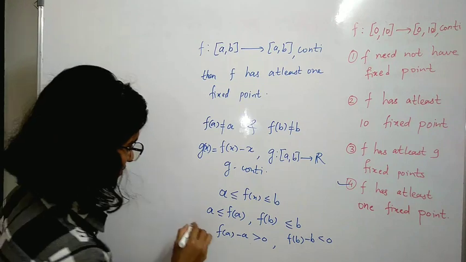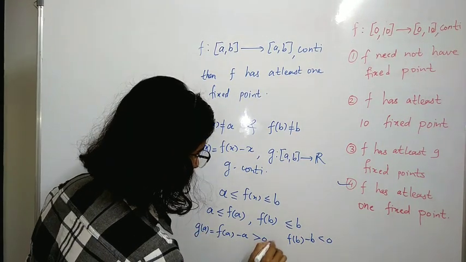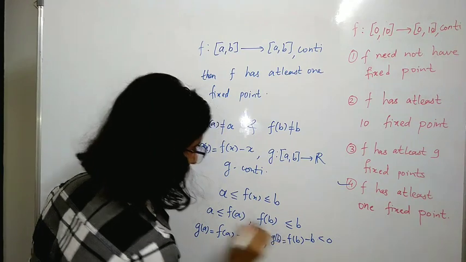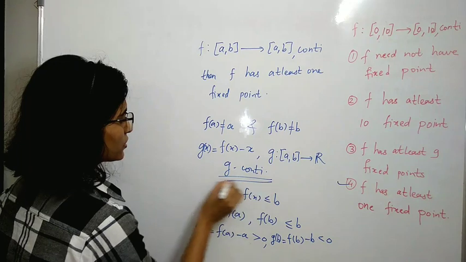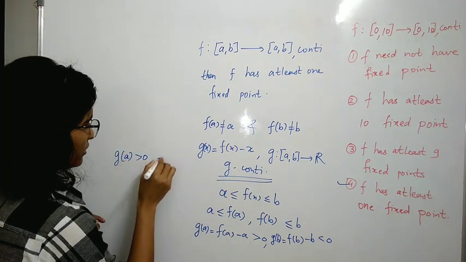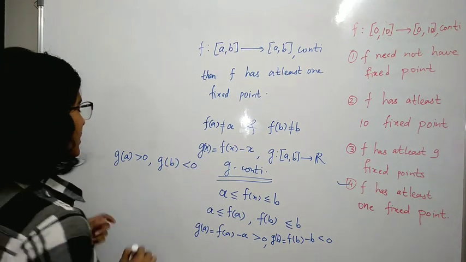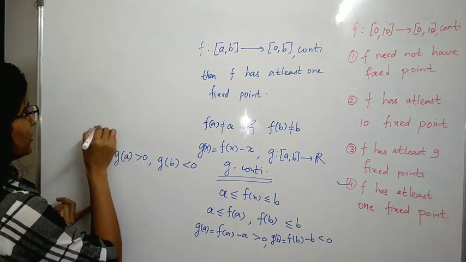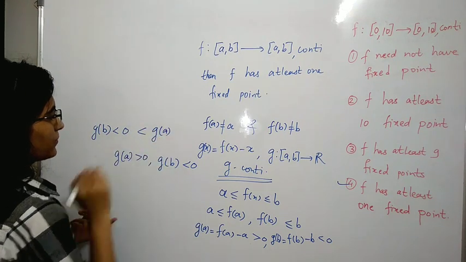But what is this? This is just g of a and this is g of b, right? So we have g is a continuous function such that g of a is greater than 0 and g of b is less than 0, right? That means g of b is less than 0 is less than g of a, right?